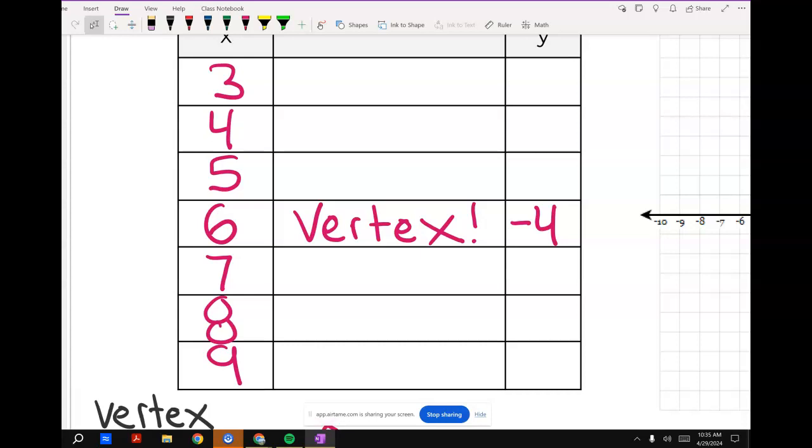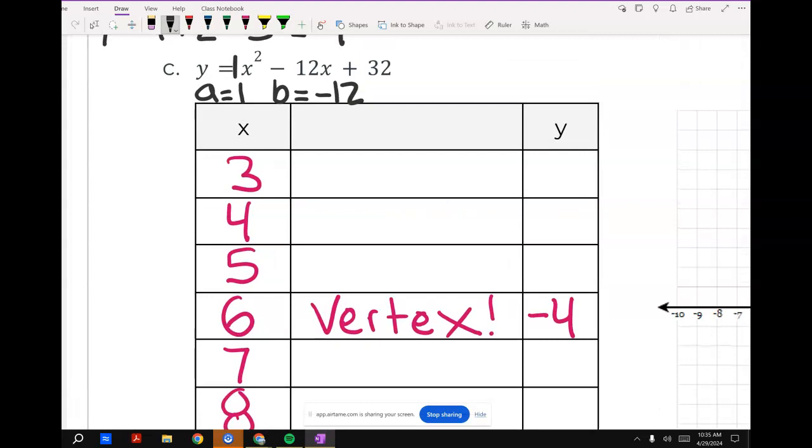Like I said, all these are positives, so that's a good sign. But I would much rather plug in small positives opposed to big positives. 7, 8, and 9, they're not huge, but plugging in 5, 4, and 3 is a lot easier. So we're going to start 3, 4, and 5, plug those in, find our values for y, and then mirror our table.